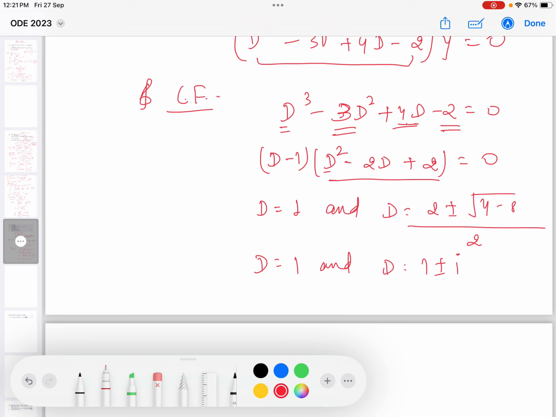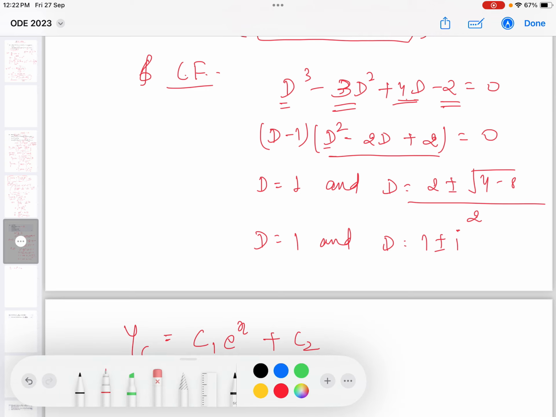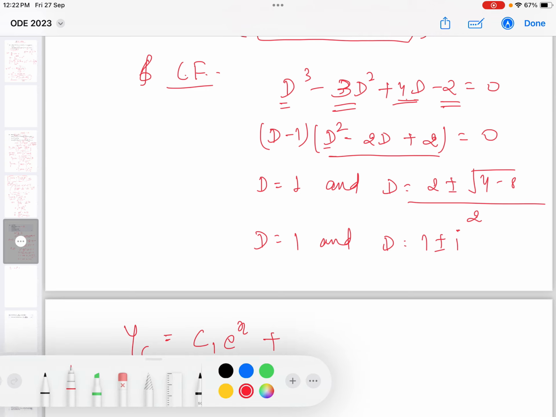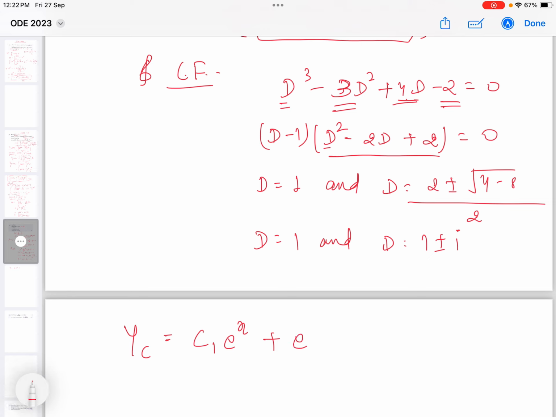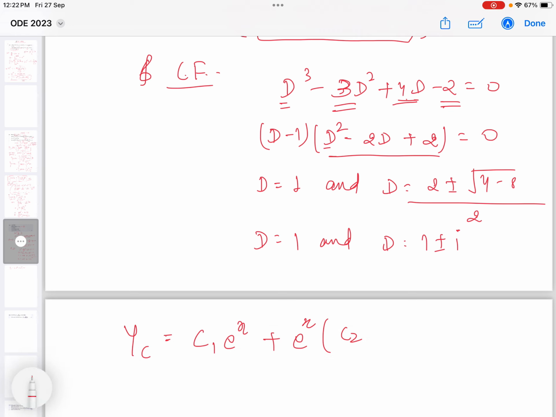Fine. So writing the complementary function, CF, from the standard definitions we have already learned that the complementary function is written as y equals c1 e to the power x. Since this solution is imaginary, we will be writing this as e to the power x (c2 sin x + c3 cos x).